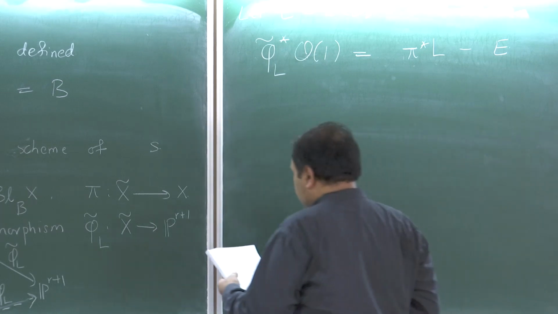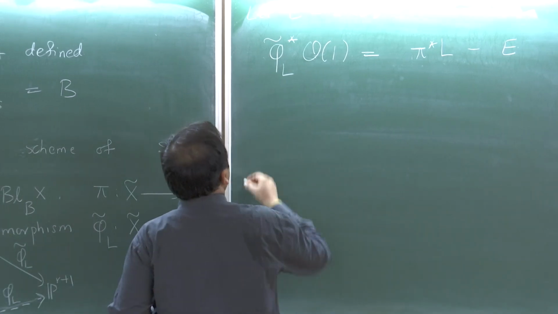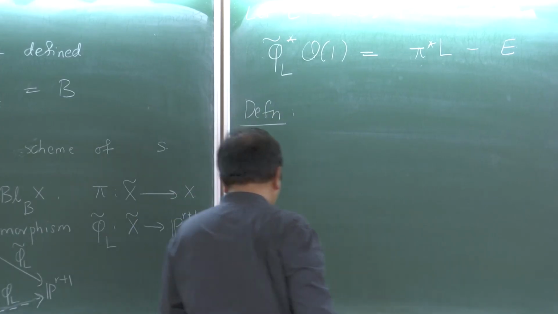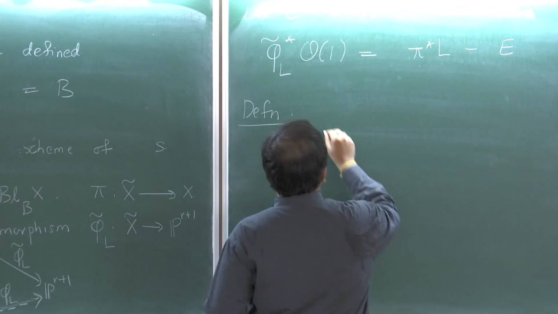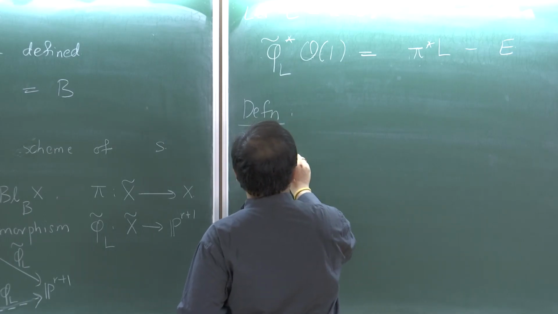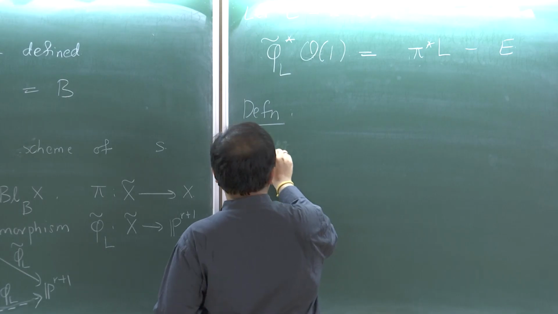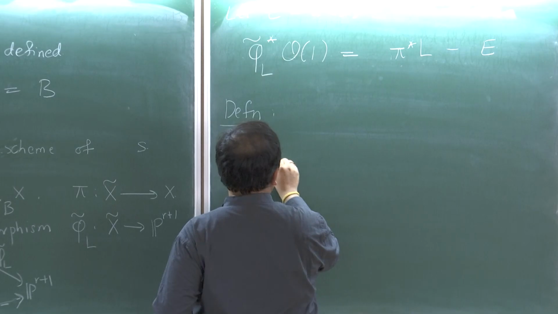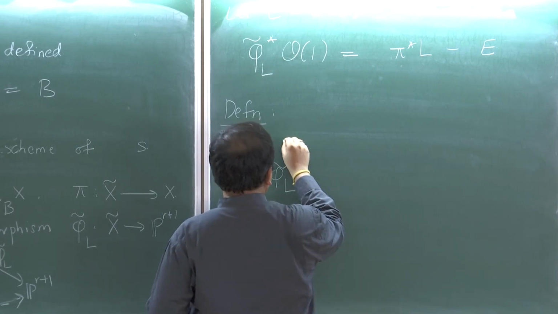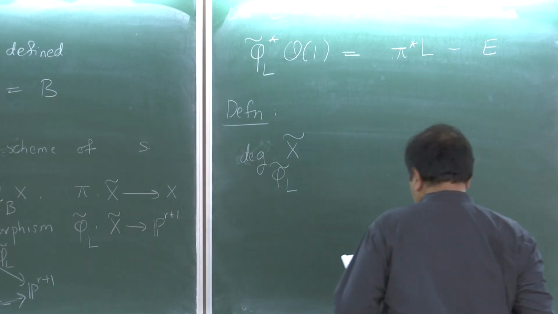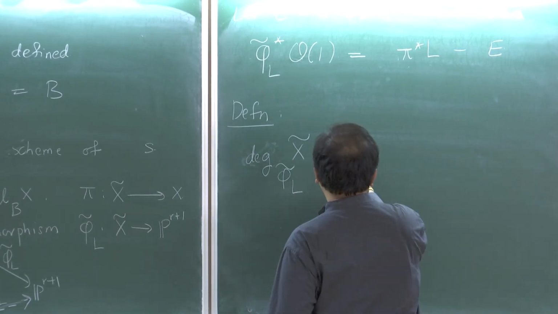Now what I want to do is, definition, compute the following quantity: the degree of phi tilde of X tilde.